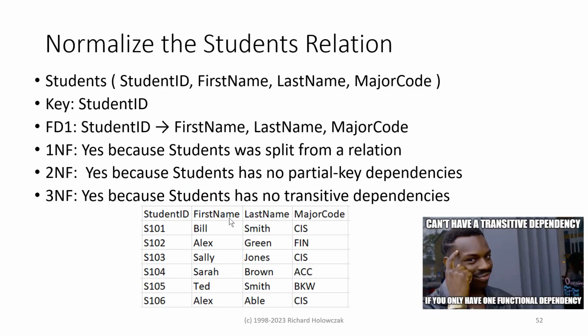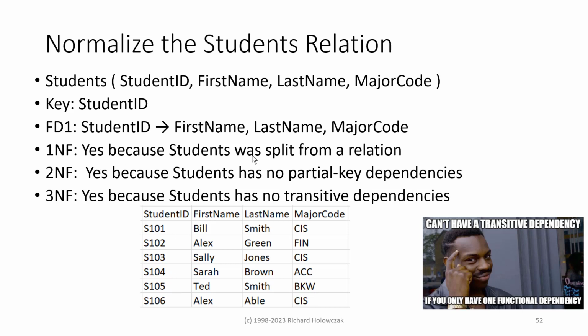All right, now we have two new relations. The student relation has student ID, first name, last name, and major code. We know the key is already student ID. We know that there's a functional dependency, student ID determining first name, last name, and major code, and that's the only functional dependency we have. There's no other way to get any uniqueness unless you have student ID.